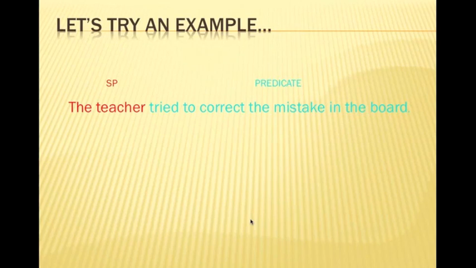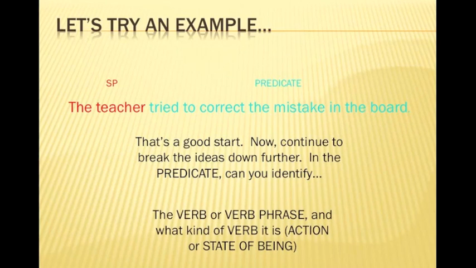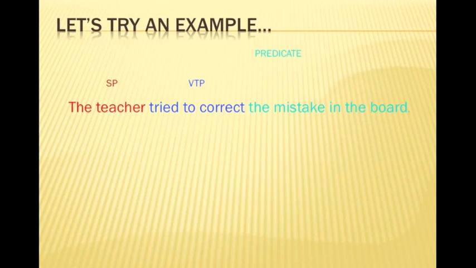Now we need to continue to break the ideas down further. For example, can we identify the verb itself, or the verb phrase, and what kind of verb it is? Is it an action verb or a state of being? In this case, it is a verb phrase, and as you've noticed, I've indicated with the letter T that it appears to be a transitive, but let's keep going.